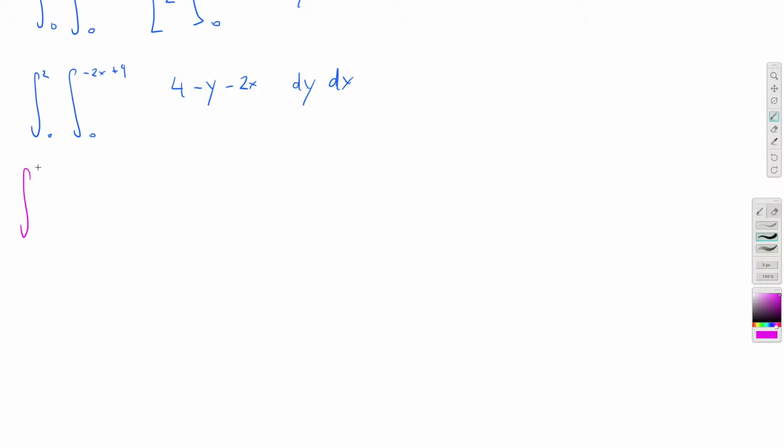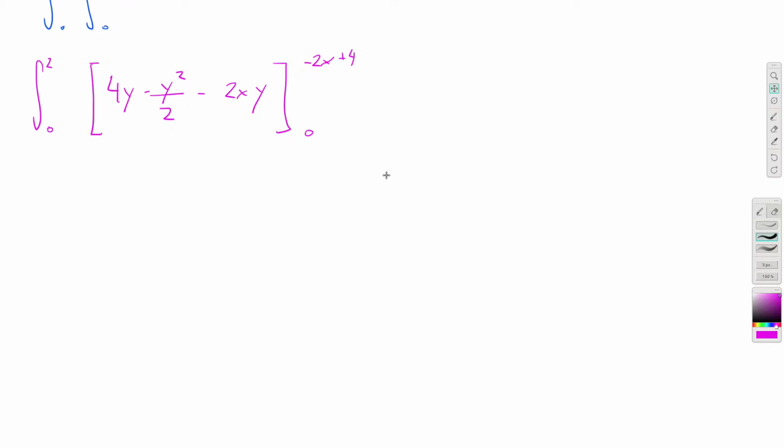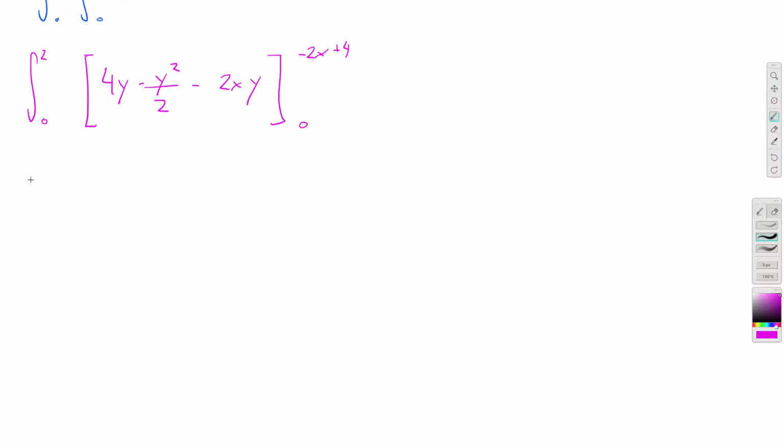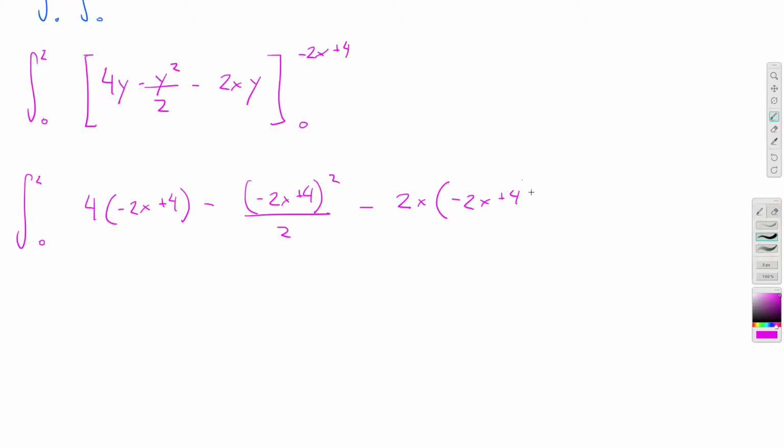So you're going to get, from 2 to 0, let's see if you can do this in one step, 4y minus y squared on 2 minus 2xy, between minus 2x plus 4 and 0, which is going to give us 4 minus 2x plus 4, minus minus 2x plus 4 squared over 2, minus 2x minus 2x plus 4.